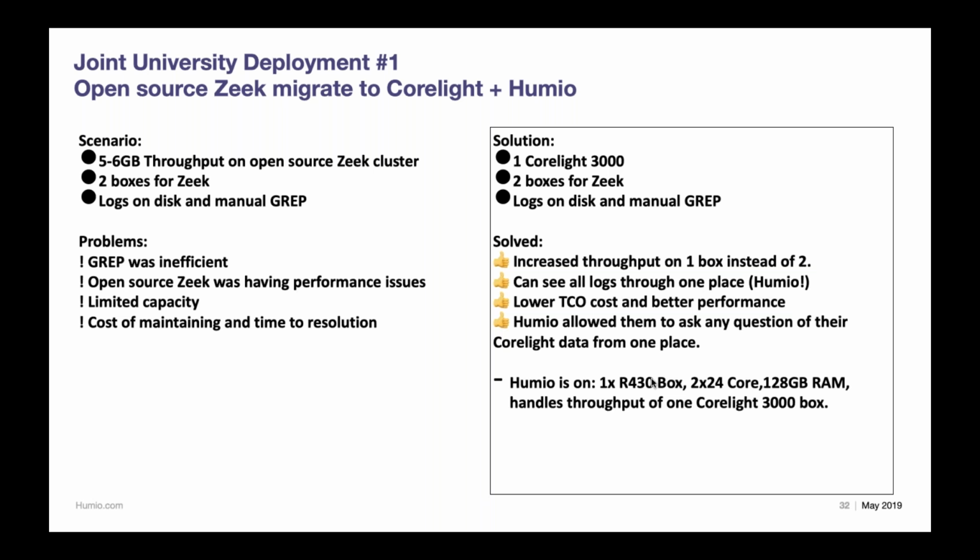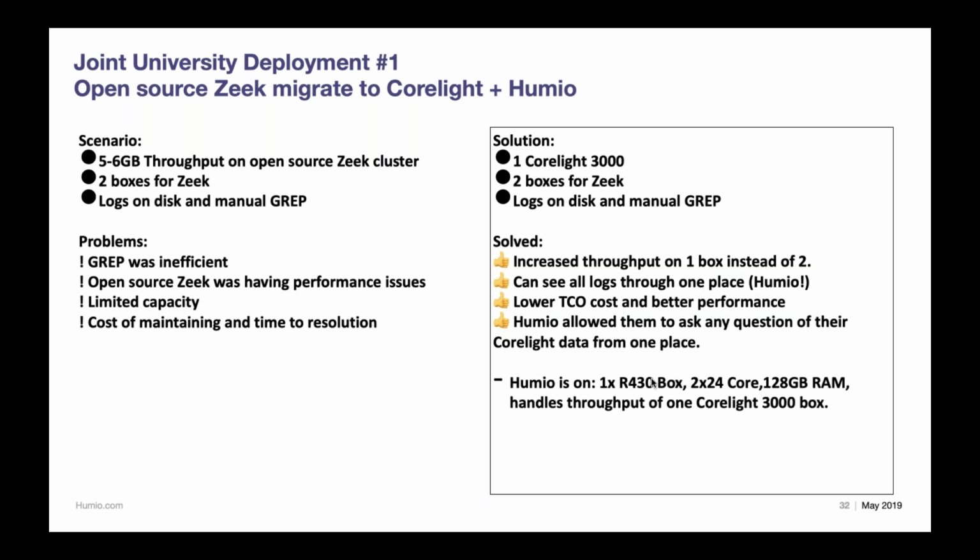How the Corelight 3000 coupled with Humio solved all these problems was that they increased the throughput and had to only manage and maintain 1 box instead of 2, and they were able to see all the logs in one place through Humio's single pane of glass, because Humio is able to ingest everything and put it all in one place. They also experienced a lower total cost of ownership and better performance.